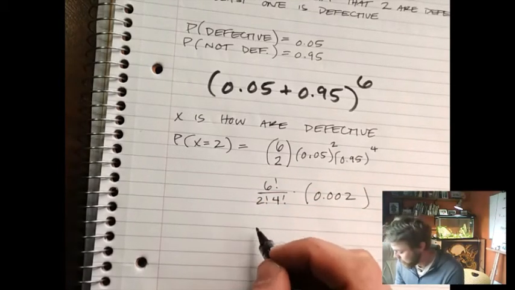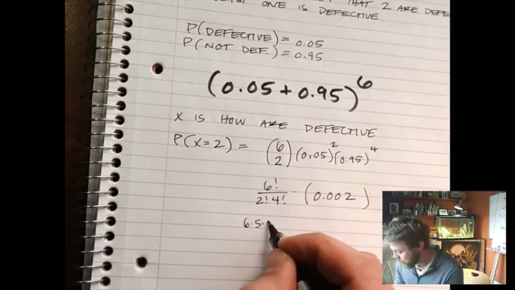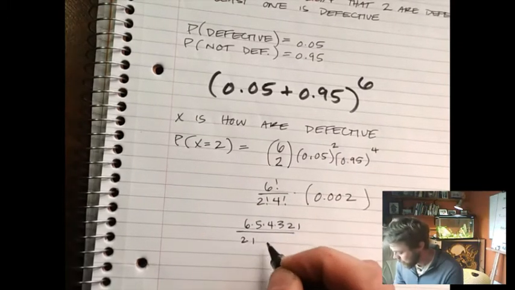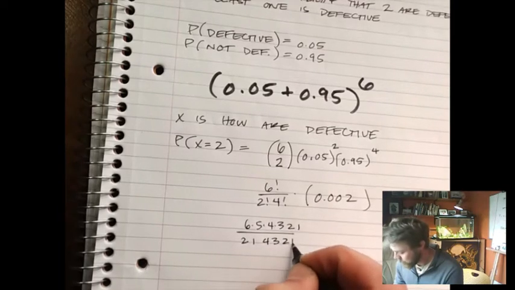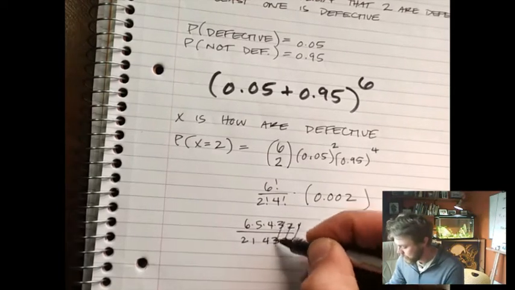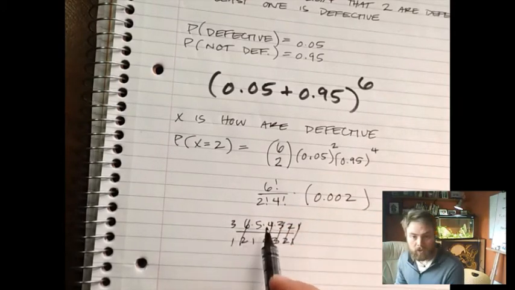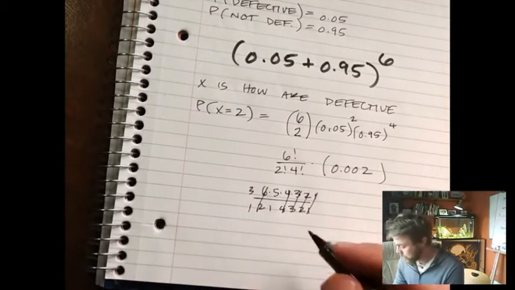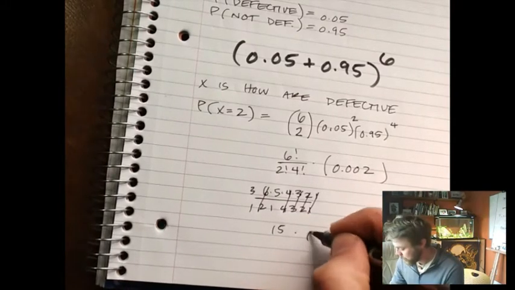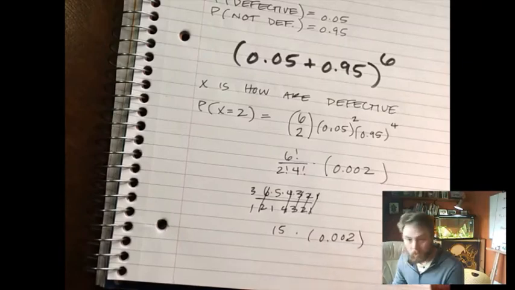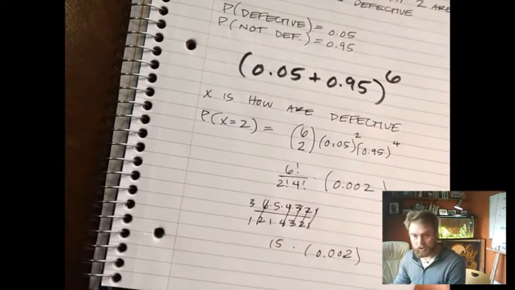So let's do this one here. I'll do this by hand. 6 times 5 times 4, 3, 2, 1, over 2 times 1, 2, 1. Let's cancel, and then that would be 3 over 1. So really this is 15. There's 15 ways to do this. 15 times our probability of any one particular branch from the tree diagram.